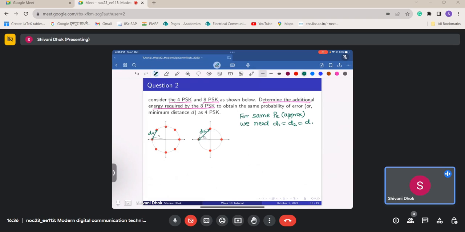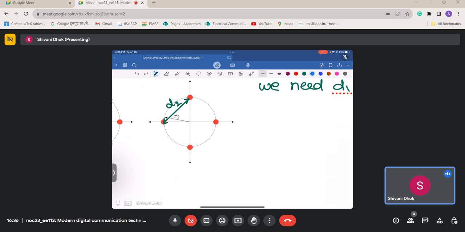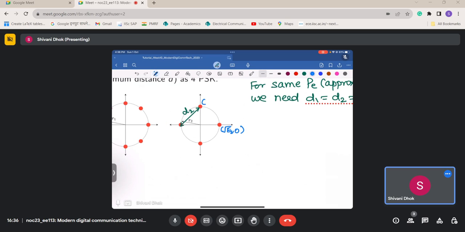Now this is a PSK constellation, and any point on this PSK constellation is basically, this point is under root E2 comma 0, and this is also 0 comma under root E2.